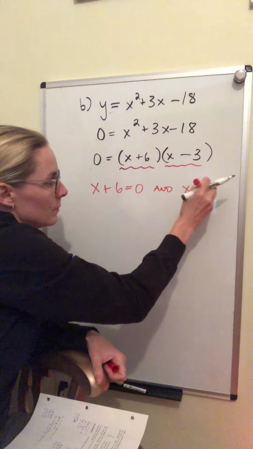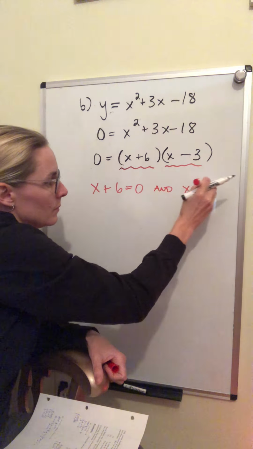And in that case, we solve and we say x equals negative 6, x equals 3, and our two zeros in this case, because it's quadratic, it's a parabola, it crosses the axis in two spots, are negative 6, 0, and 3, 0. Grade 12 math.